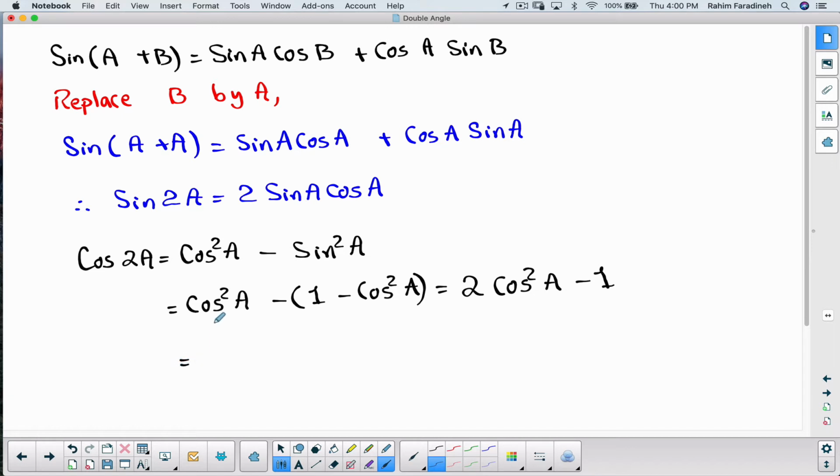But also, if I replace the cosine square A with 1 minus sine square A, then we get a new formula, and that would be 1 minus 2 sine square A.